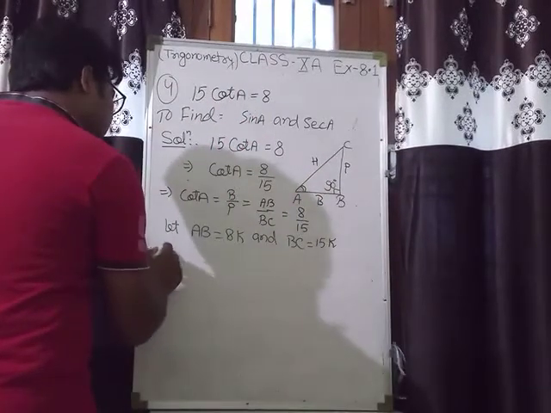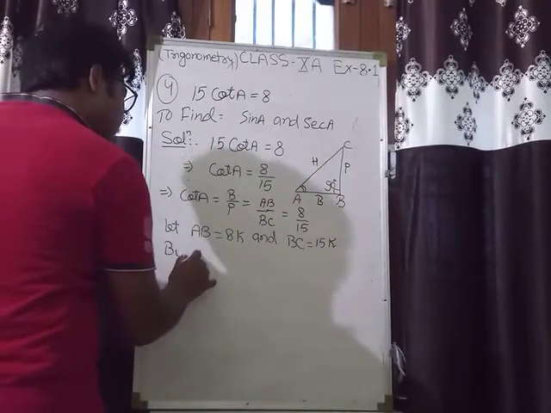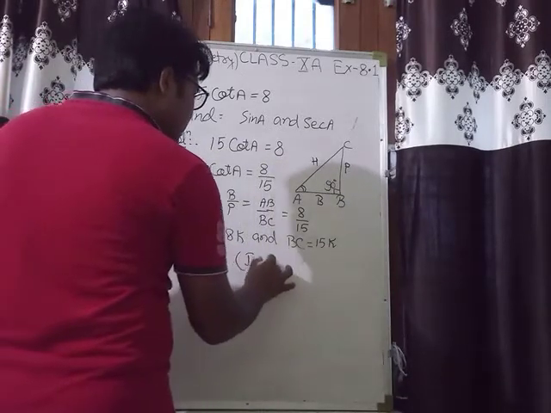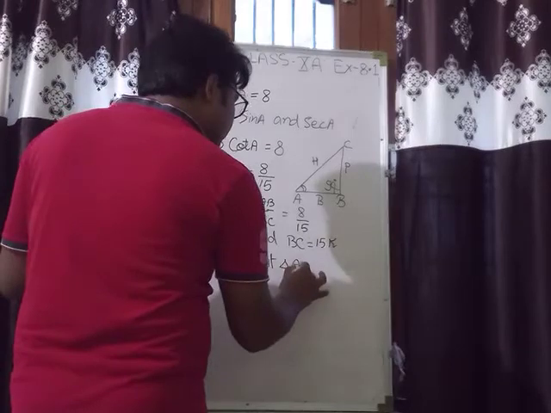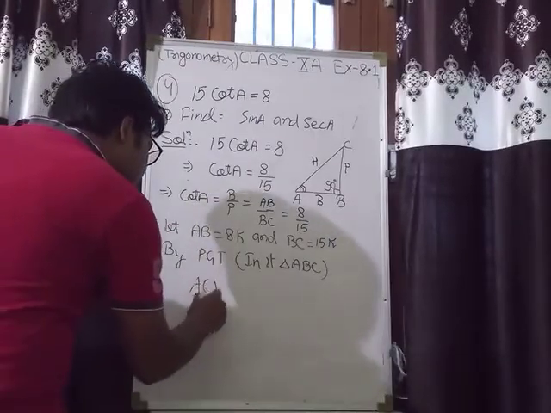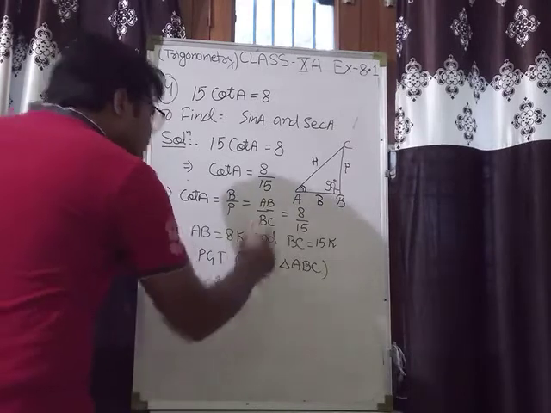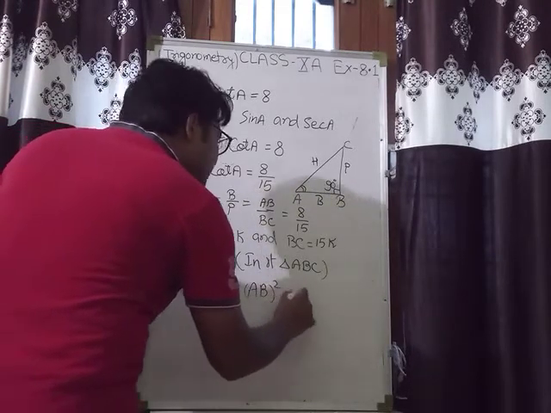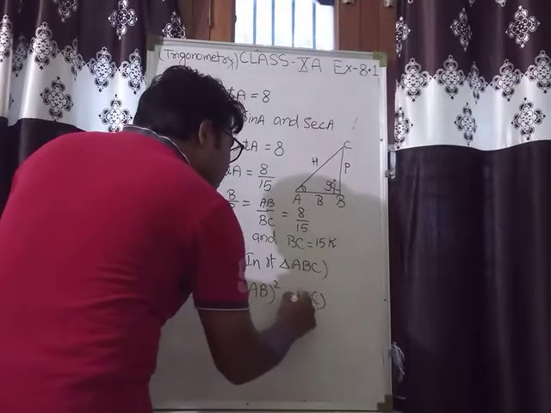So by Pythagoras theorem, in right triangle ABC, we have AC square is equal to AB square plus BC square.